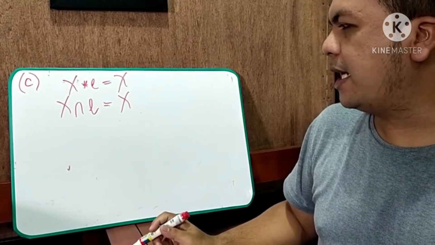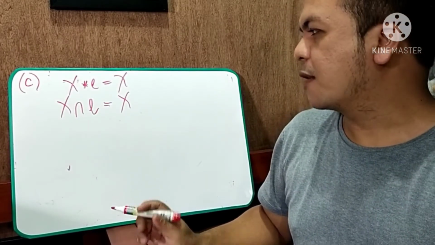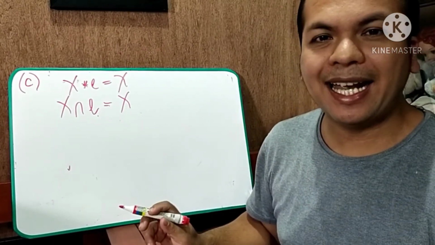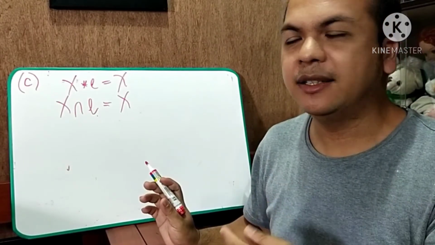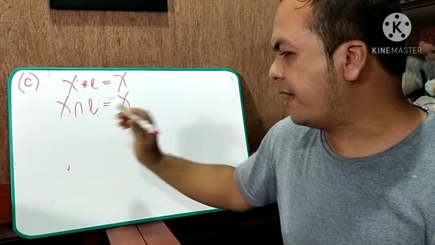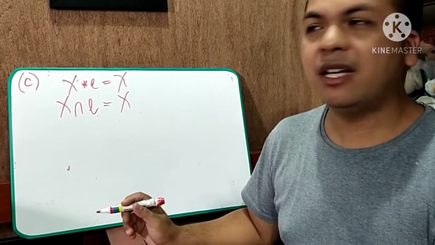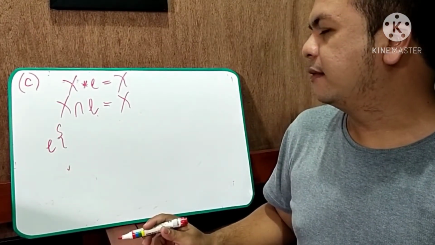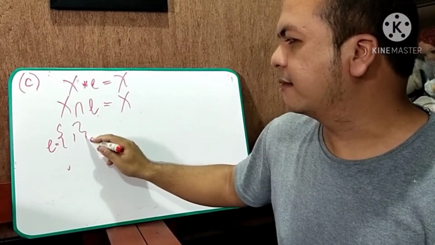Okay. So what is X intersection E equal to X? So meron pa tayo makukuhang identity, set identity, na kapag kinuha natin yung intersection nila, babalik dun siya sa X. Okay. If yes, ano yung E natin? Okay? E natin. Pwede ba siyang set containing 1?